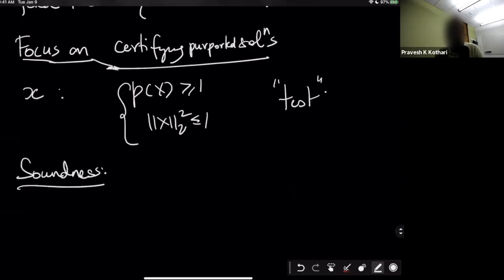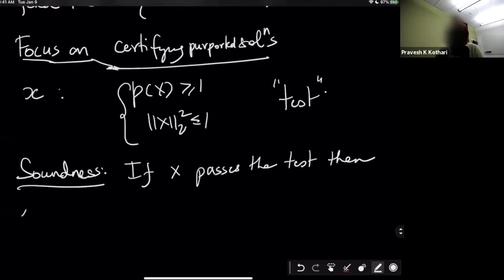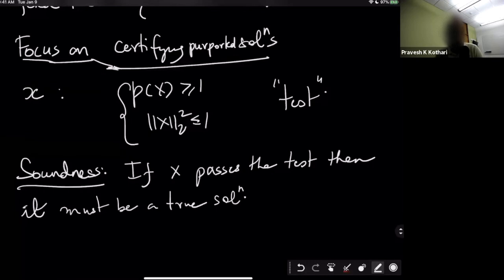And what does soundness say? Soundness says that if x passes the test, then it must be a true solution. And for us, the true solutions are a_1 through a_R.